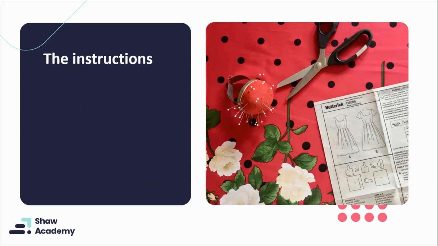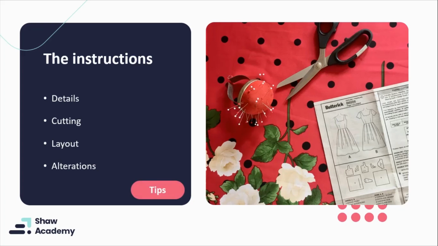It is best to read all the instructions before you begin. It will include important information like the details of the pattern, cutting and marking instructions, layout suggestions, alteration guidelines, pattern symbols, and images. Instruction tips include to look at the key and the glossary if you are unsure of the markings on the pattern pieces.